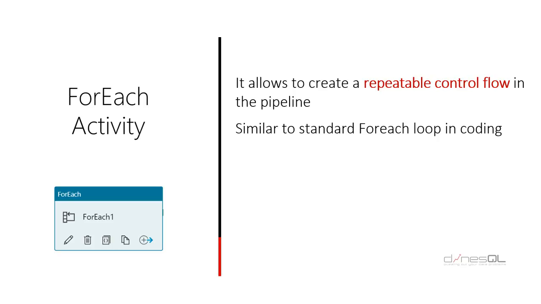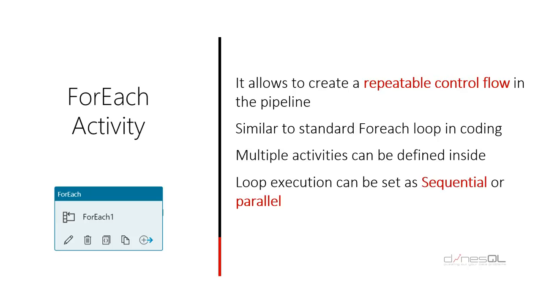You can have multiple activities. For example, you can have multiple stored procedure executions, multiple copy operations, multiple U-SQL statements. So you can configure the flow, and then you can connect your for each activity with your lookup in order to get it executed repeatedly based on the values coming from the lookup.